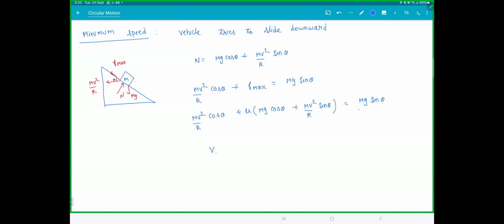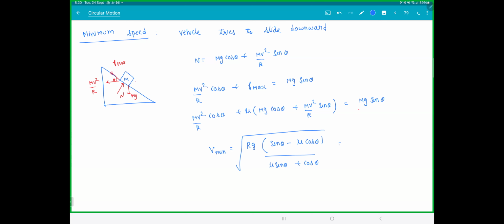We end up with V minimum is root of Rg (sine theta minus mu cos theta) by (mu sine theta plus cos theta).